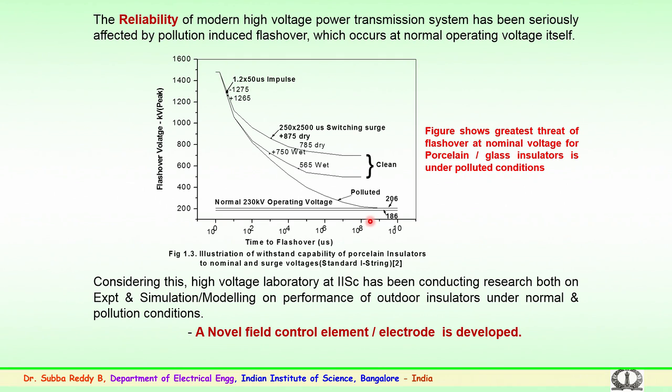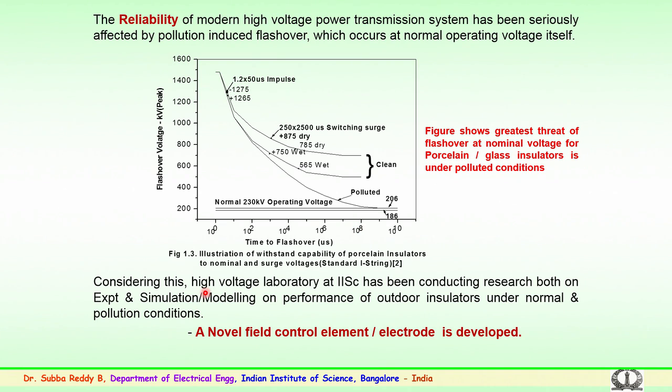This is a serious threat, where flashover at working or nominal voltages for a porcelain or glass insulator under contaminated conditions could happen without any effect of lightning or switching surges.